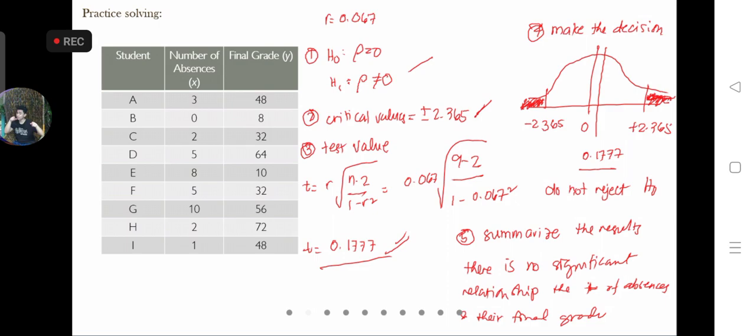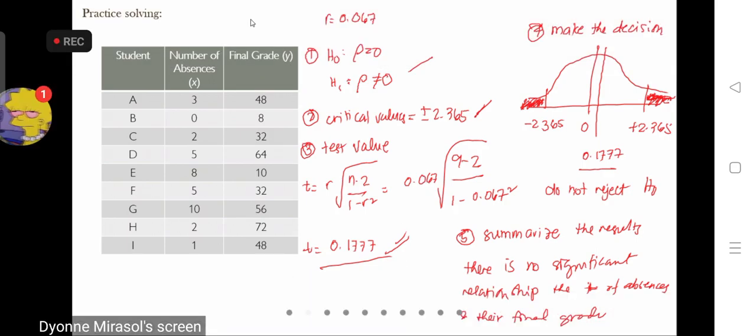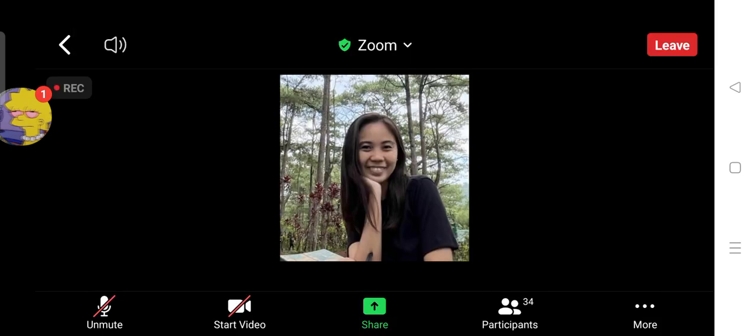I have already uploaded the next assignment in Canvas.